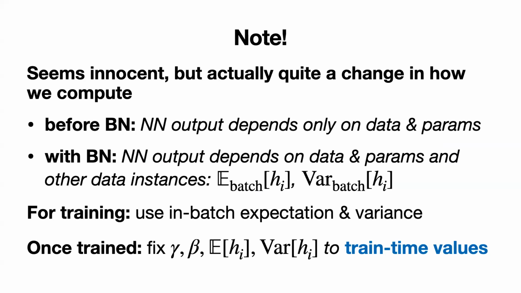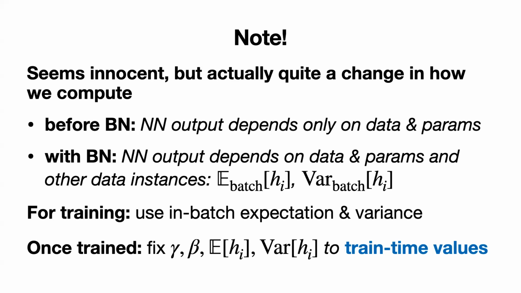Now with batch normalization, all the other images I'm also trying to predict affect my prediction for my little image. So you're coupling these things, and not because it's bad. It's good because you're trying to learn the population-level distribution and shift, which is useful, but it's coupling different data instances together.